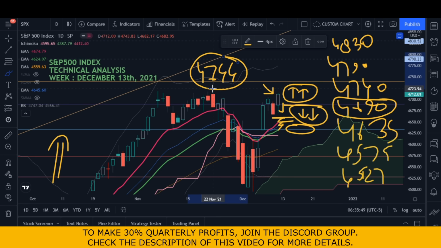If market fails to break 4744, market will come down, and if it is able to cross 4744, market will move up. When it crosses 4744, it will move towards 4800, and whenever it hits 4800 it will take a break, meaning it will come down. This is what is expected to happen in the coming week in the market.